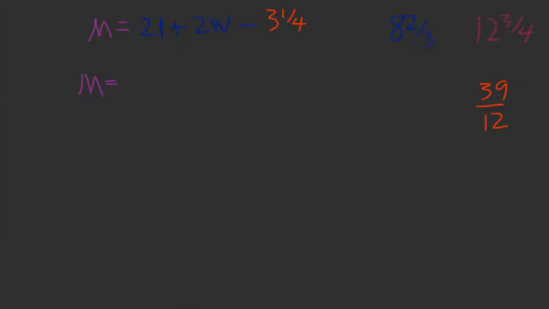So let's use that same color too. I think it's this one. Yeah, cool. So 2 times, and then this changes to an improper fraction. So 12 times 4 is 48, plus 3 is 51. So 51/4.